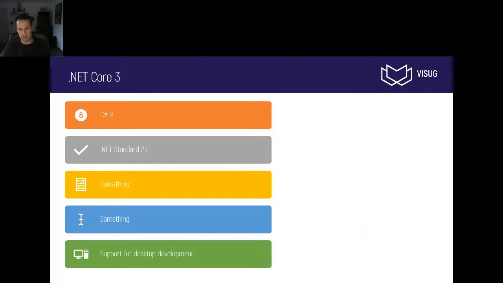For starters, we got C# 8 with a bunch of very cool new language features. We got .NET Standard 2.1, we got some more stuff, and we got support for desktop development. Seeing that .NET Core was mostly focused on the web and the cloud up until then, this was actually a very nice added value to the .NET Core framework.